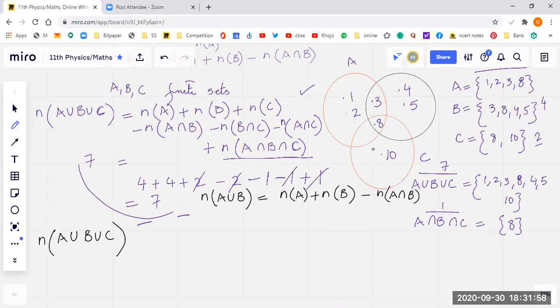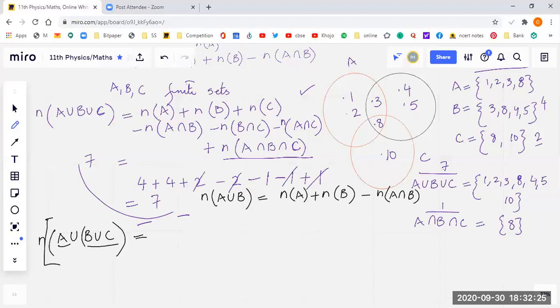Very good. So now I want to play a trick. You take B and C as one set and you take A as one set. And now help me write this. Once again, you take A as the first set and this complete B union C as the second set. So I can write it like this also.